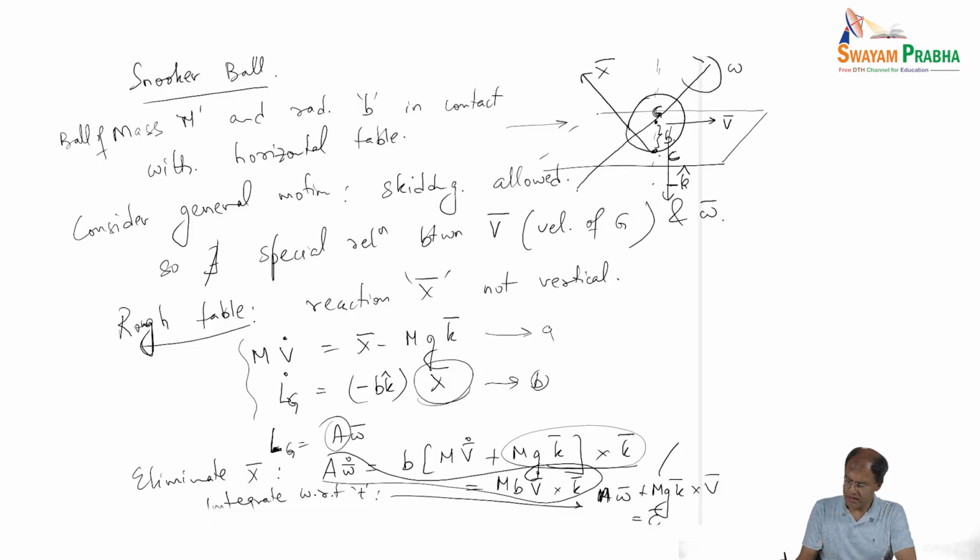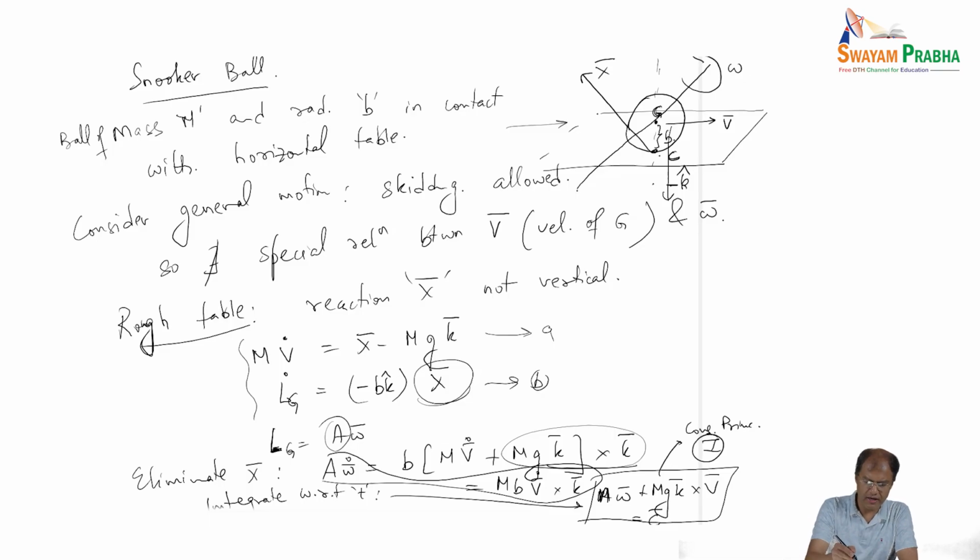So this is our conservation principle. So this is the total conservation of the angular momentum. And we expect that if we take, in this equation, a dot product with respect to the vertical axis. So let me call this conservation principle 1.